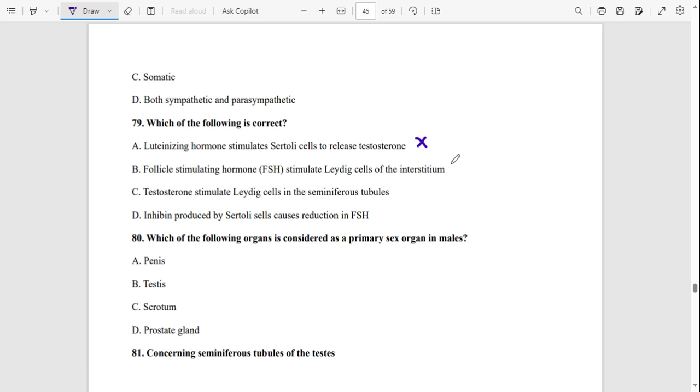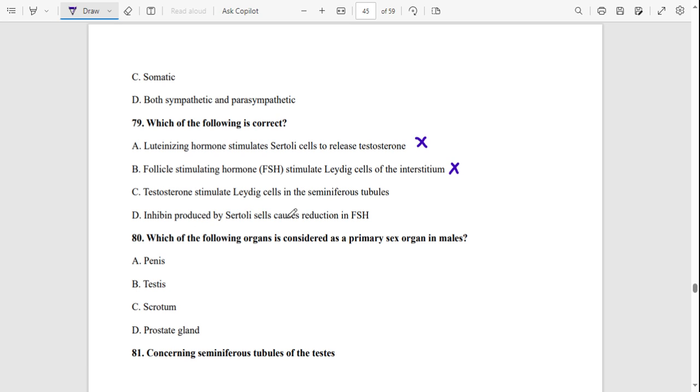That is also not true. Testosterone stimulates Leydig cells in the seminiferous tubules. Okay, let me look at it. Actually, not. Testosterone stimulating Leydig cells in the seminiferous tubules, that is not true.